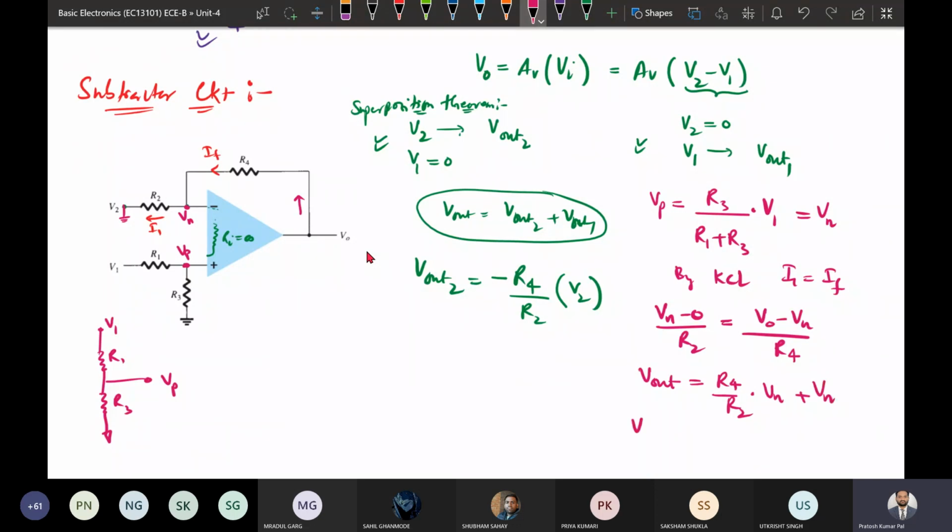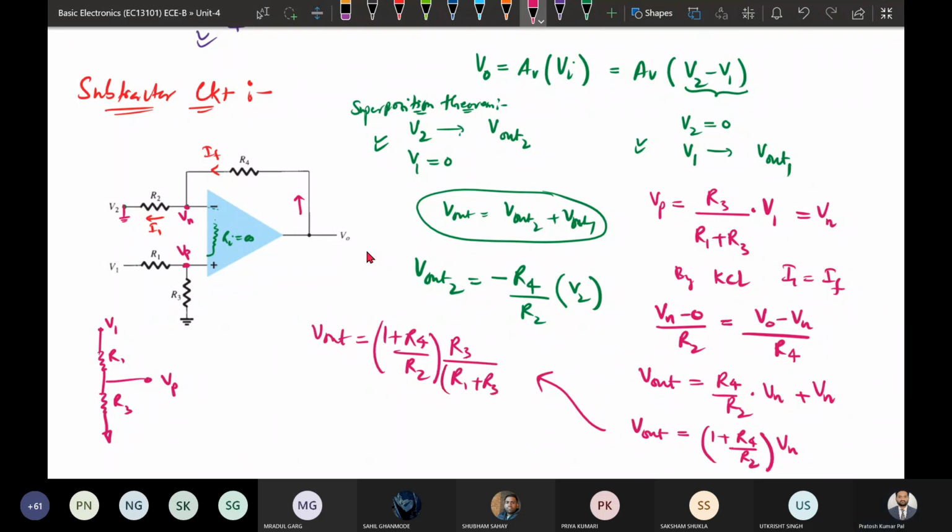So from there we can get 1 plus R4 by R2 multiplied by Vn, but Vn is nothing but the Vp, and instead of Vn we will write this value, so it is R3 divided by R1 plus R3 multiplied by V1.